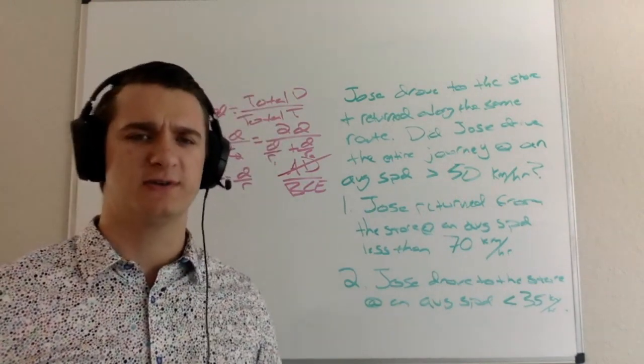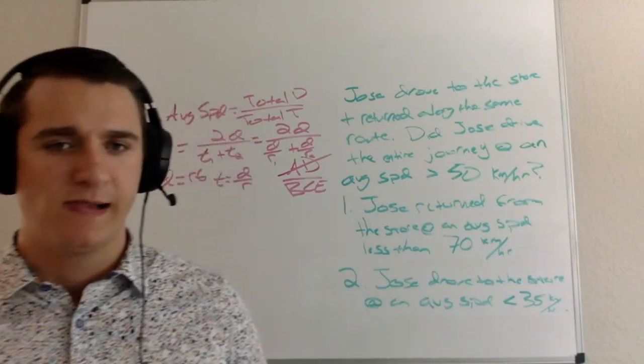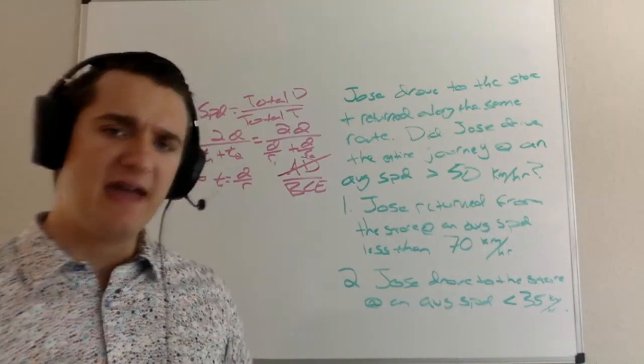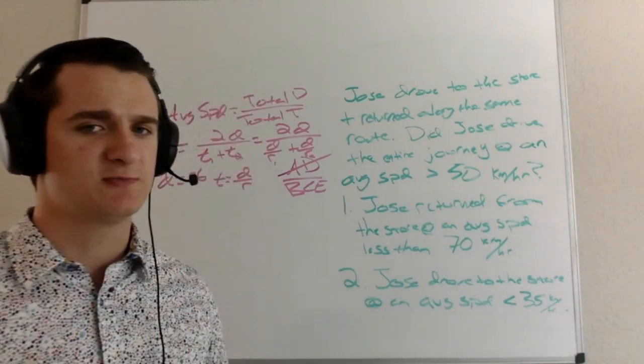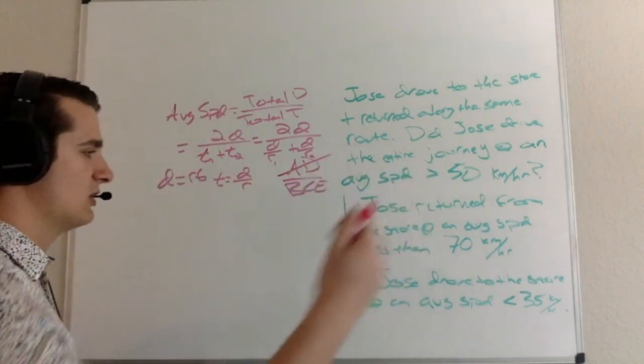And that's where I'm going to start to think through this one with a little bit more thought. Because in theory, if the average speed was less than 35 kilometers per hour, that does put some sort of limit on my total average speed.